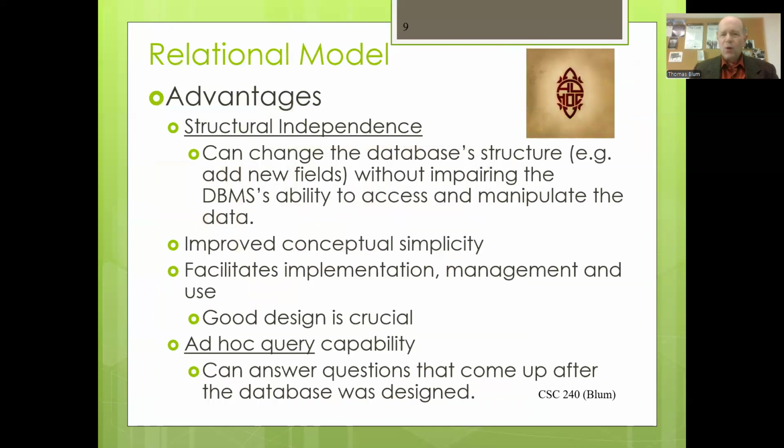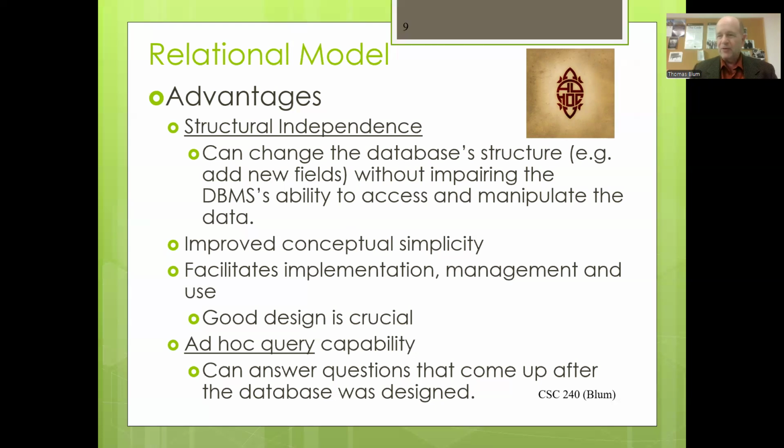Okay, so we want structural independence. We want to be able to change something, like change the length of a field or add a new field, and not have that break everything. There's a lot to design. You've got to get it right, but it should also be simple. Once you understand database modeling, ER modeling, then it shouldn't be too bad.